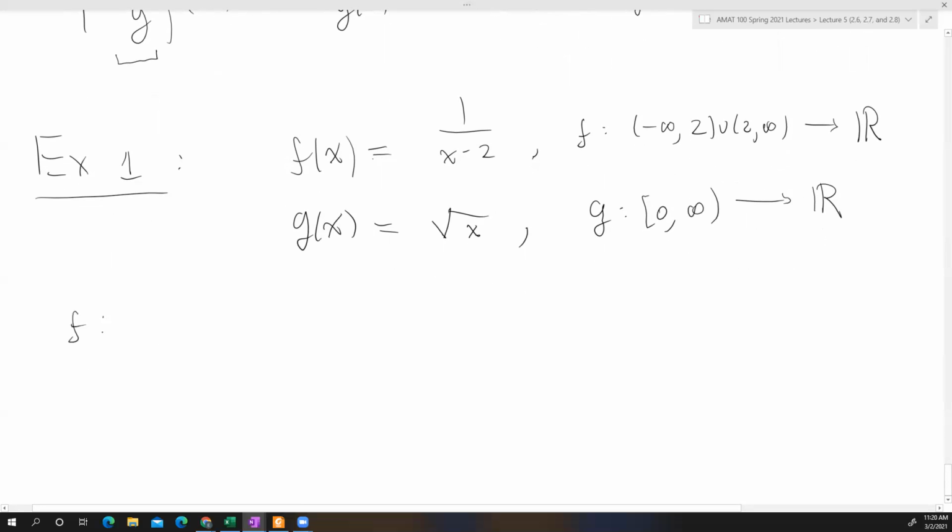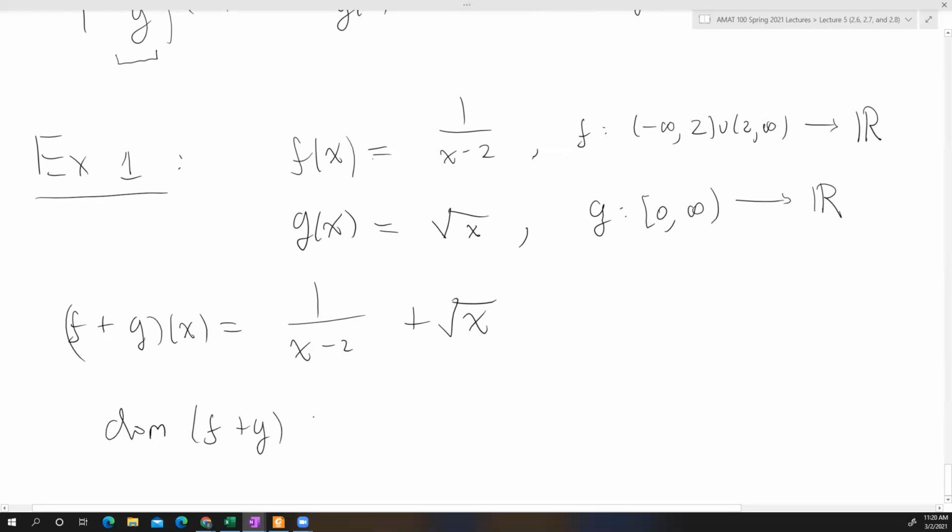So we have f plus g is equal to 1 over x minus 2 plus root x. And so the domain of f plus g, according to the above definition, is the intersection of this set with this set.